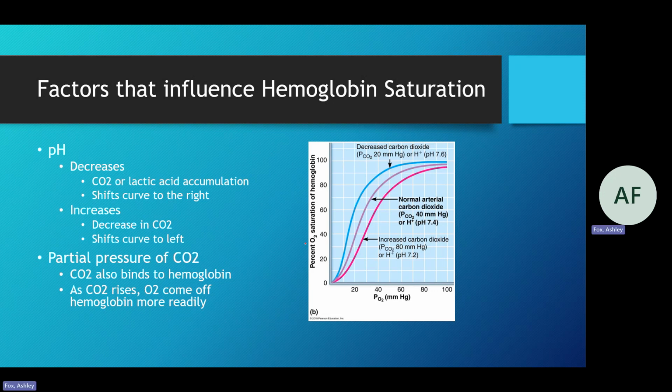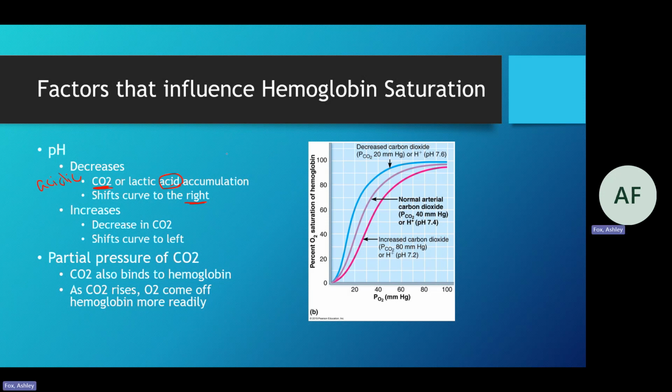pH is going to be another factor. We're going to see when we talk about carbon dioxide transport that an increased amount of carbon dioxide in your body is going to cause your pH to go down, or decrease, or become more acidic. Also, if you have lactic acid, acid makes pH decrease. This is also going to shift the curve to the right. Now think about why this would happen.